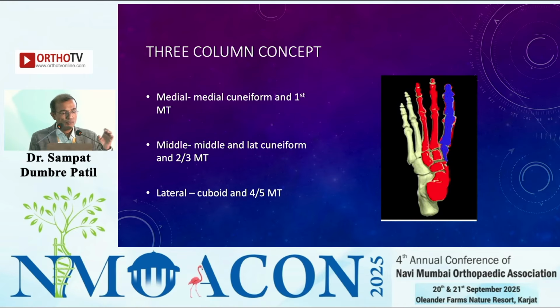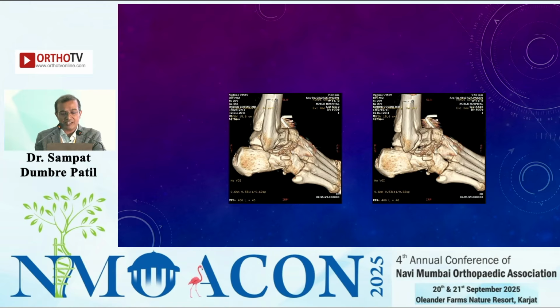And we have to always remember, like a Rasalna, there are two columns in the midfoot, the medial column and the lateral column. If there is an obvious injury on the medial column, we have to see the lateral column injury as well. In this case, what was missed was the lateral column comminution.